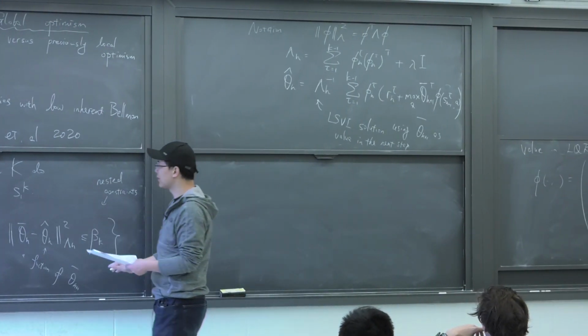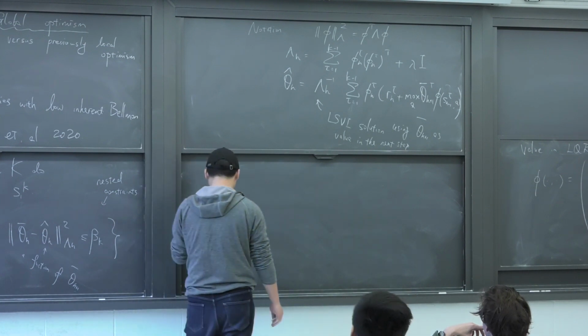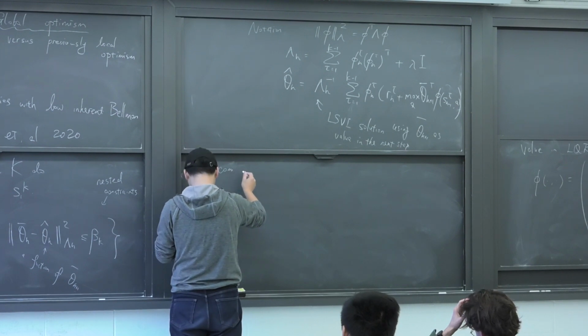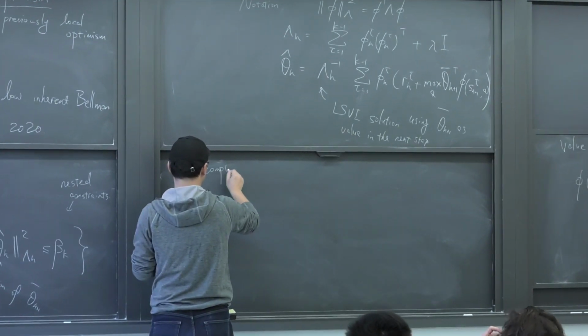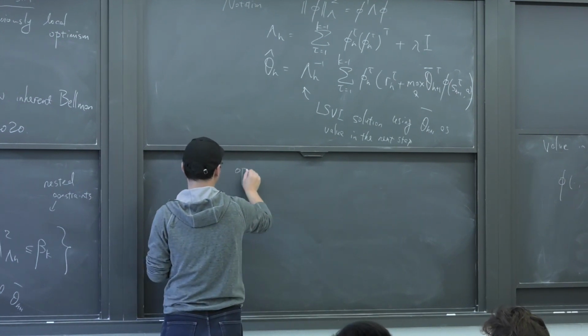So once you understand this confidence set, the remaining thing is very straightforward. All the remaining thing is we do optimistic planning. That is, we compute the optimistic value function.